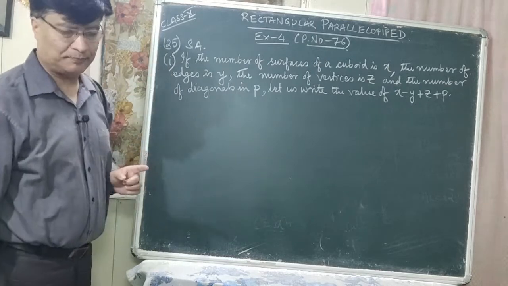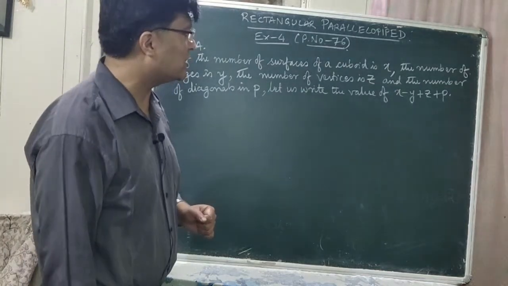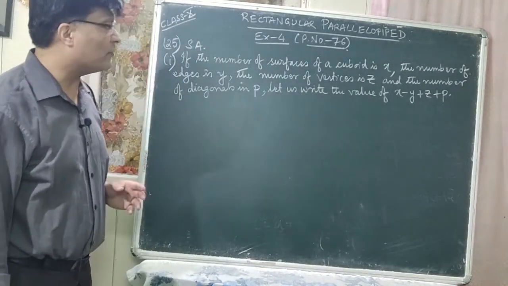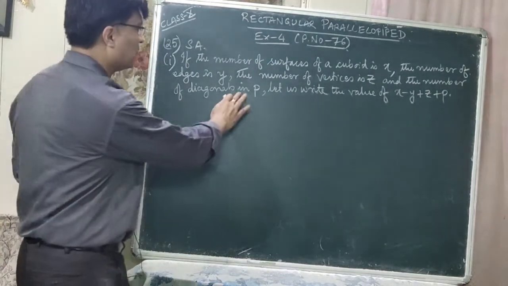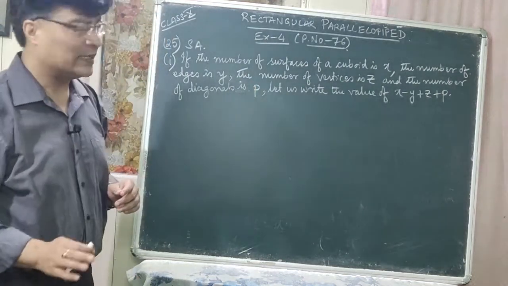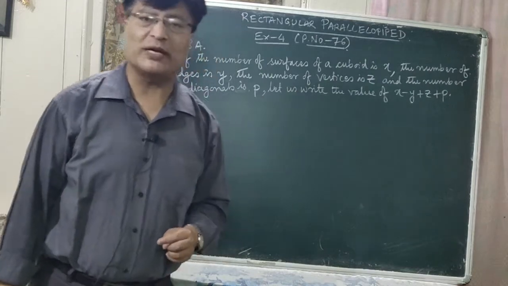Question number 1. If the number of surfaces of a cuboid is x, the number of edges is y, the number of vertices is z, and the number of diagonals is p, let us write down the value of x minus y plus z plus p.